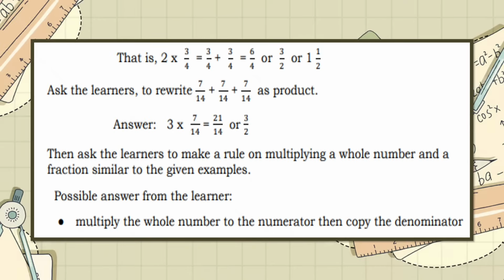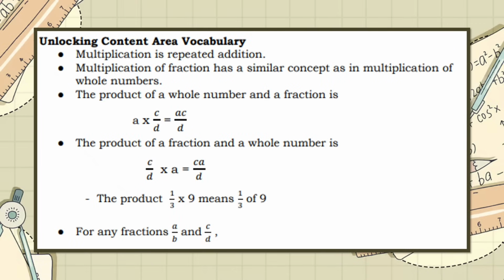So now how are we going to make a rule in multiplying a whole number and a fraction similar to the given example? Multiply the whole number to the numerator, then copy the denominator. So we have here, multiplication is repeated addition. Multiplication of fractions has a similar concept as in multiplication of whole numbers.